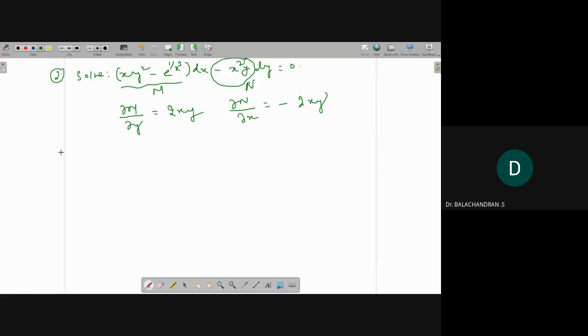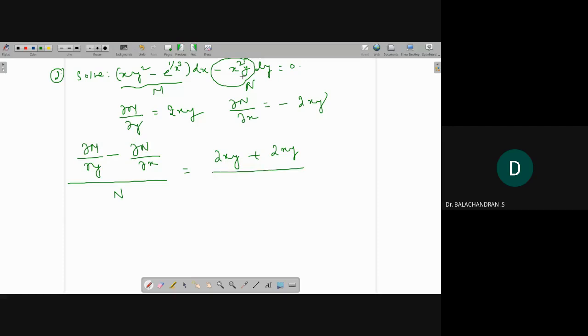Now I think we are discussing rule 3. So this is not homogeneous, so it does not come under rule 2. Hence I'm going to calculate the ratio. What is the ratio? Dou m by dou y minus dou m by dou x divided by n is equal to 2xy minus into minus plus 2xy by n.